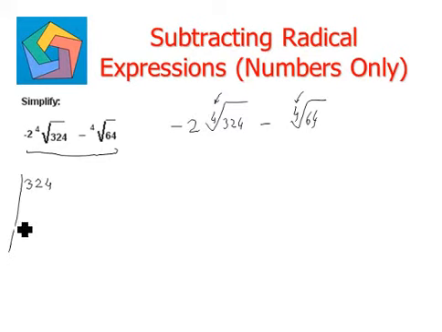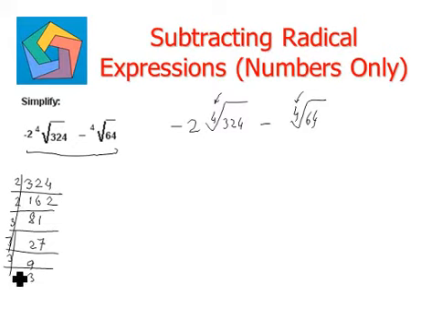Starting with 2, we get 162. The next number is again 2, we get 81. 81 cannot be divided by 2. We move on to the next prime number, that is 3. We get 27. Further with 3 we get 9. Again with 3 we get 3, and the last is here.